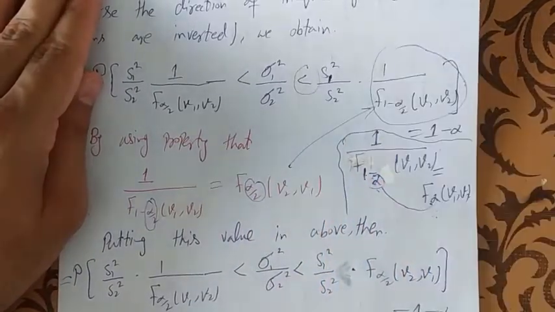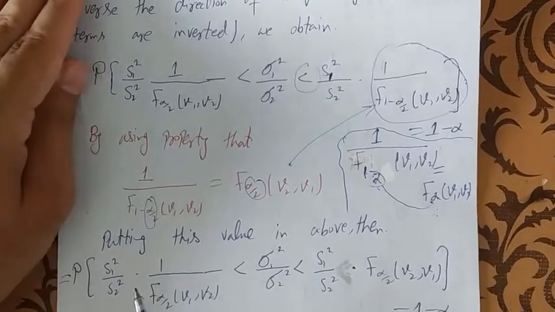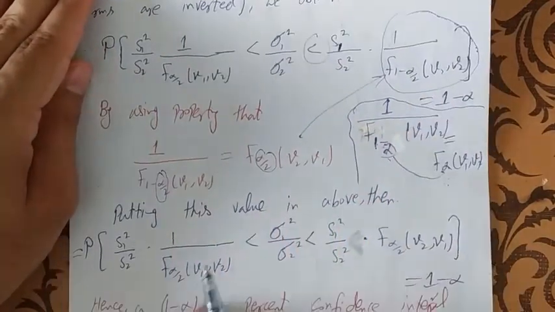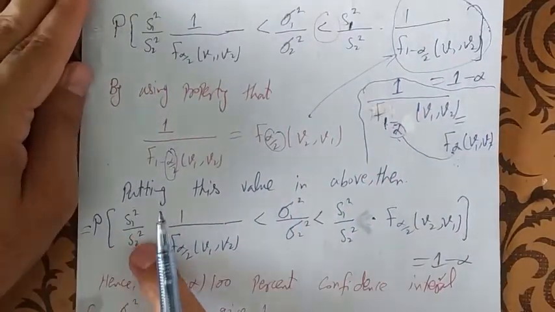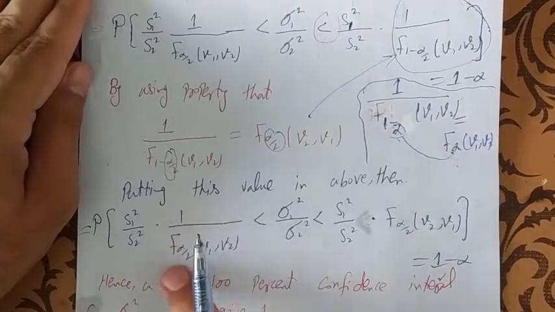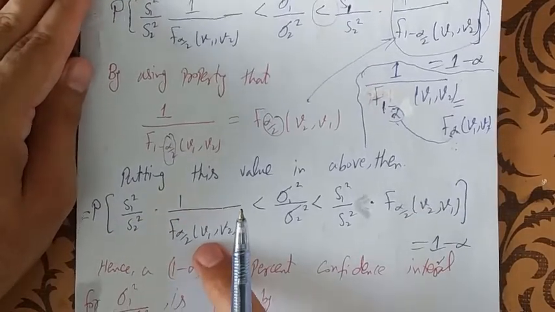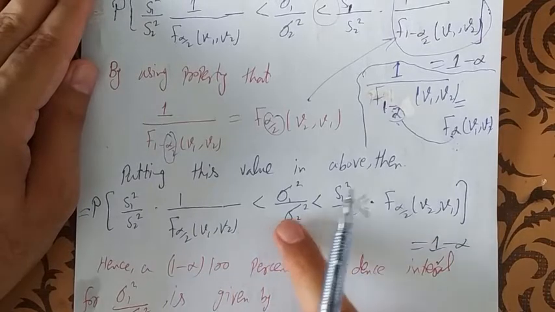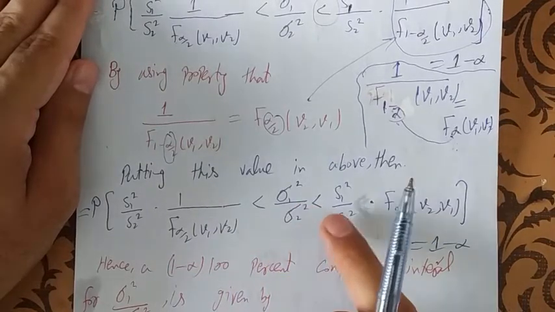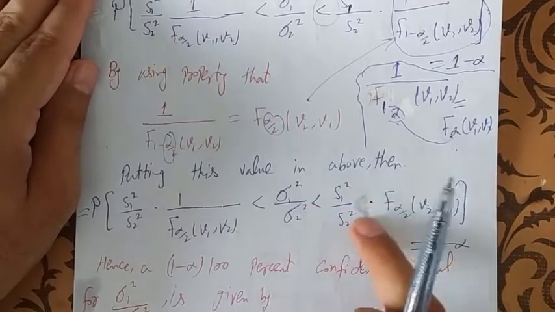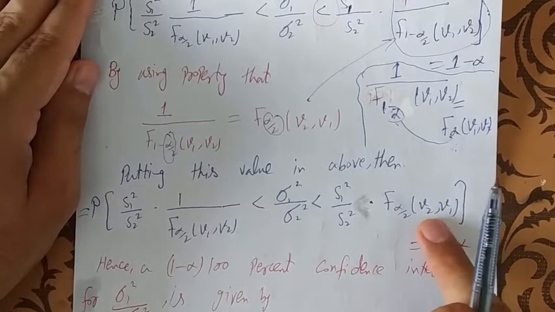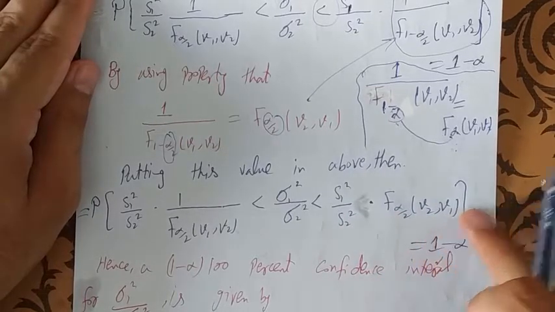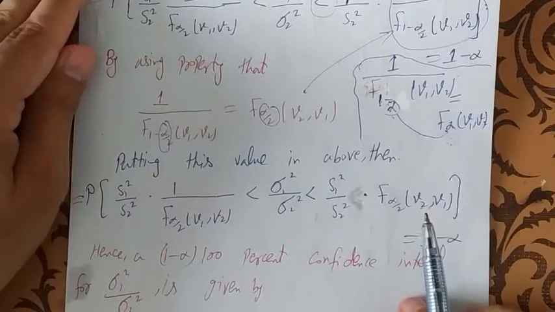So put this value in this point. Putting this value in the above, the probability of s1 square over s2 square into 1 over F alpha by 2 nu1 comma nu2, which is less than sigma 1 square over sigma 2 square, also less than s1 square over s2 square into F alpha by 2 nu2 comma nu1, is equal to 1 minus alpha.